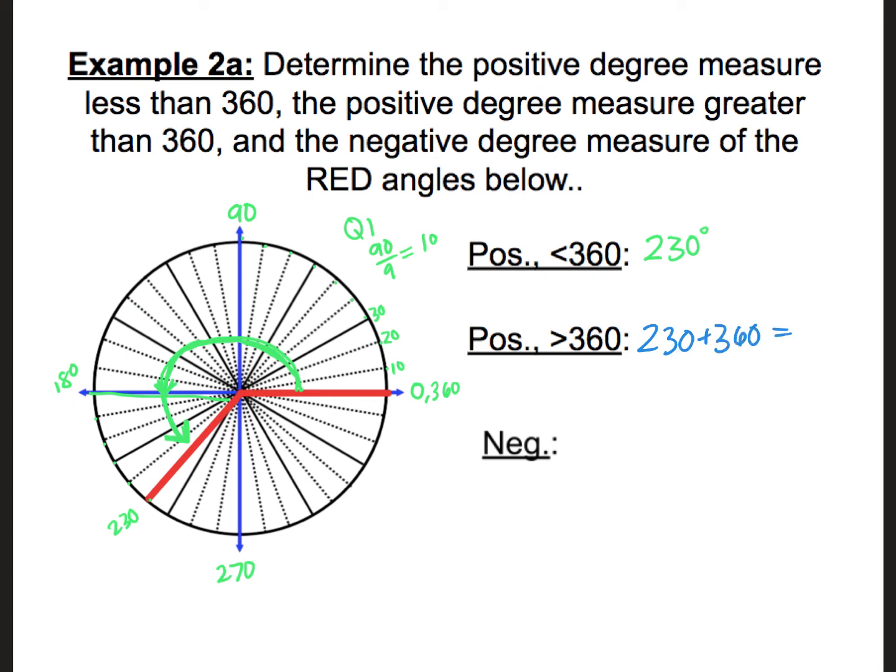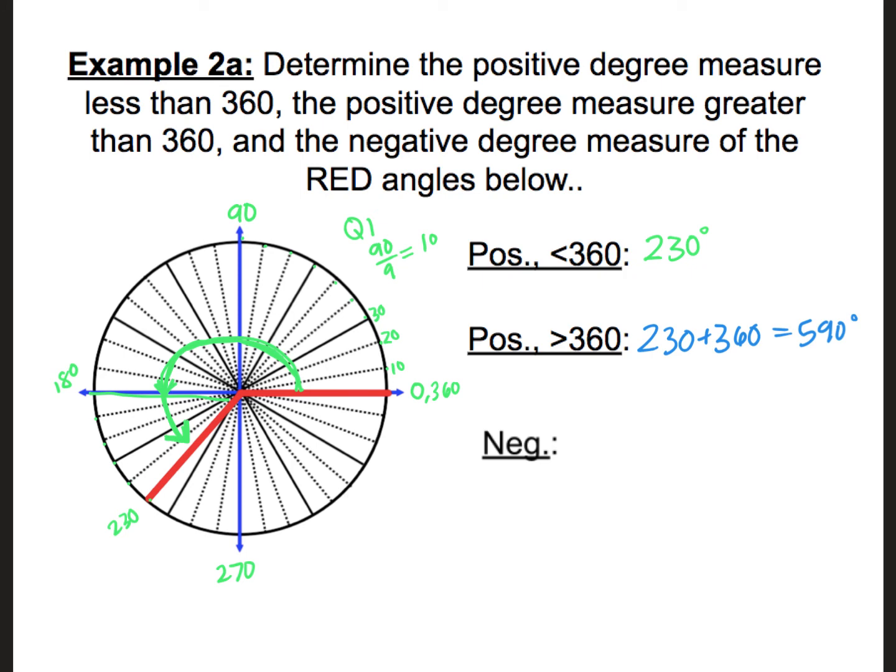So I'm doing 230 plus 360, which gives me 590 degrees. What that is saying is, if I started at my same initial side and traveled all the way around my circle to 360 and then kept going until I get back to that red line, that would be my angle measure: 590 degrees.